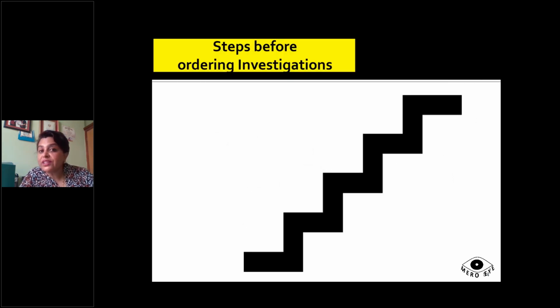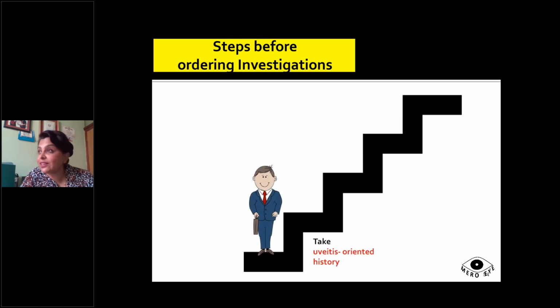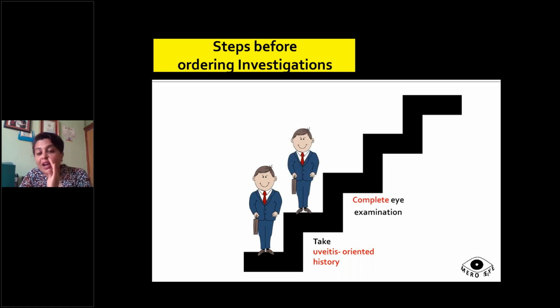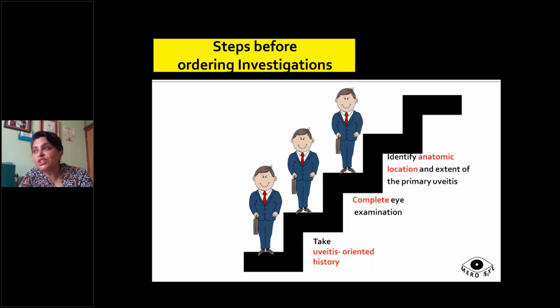So before ordering investigations, the background or the history should be taken in mind, along with the complete eye examination or the detailed ocular findings. Then you need to classify which kind of uveitis we are dealing with, because the etiology varies with the anatomical location of the uveitis.